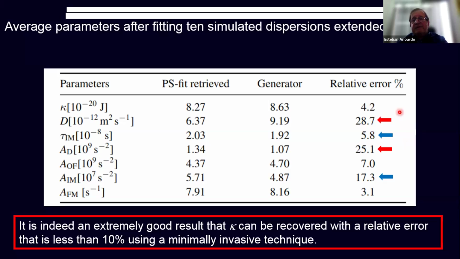Or we are just happy with this result. We get a diffusion constant that is at least not so far from the generator. We have an approximate idea of how big the diffusion is.